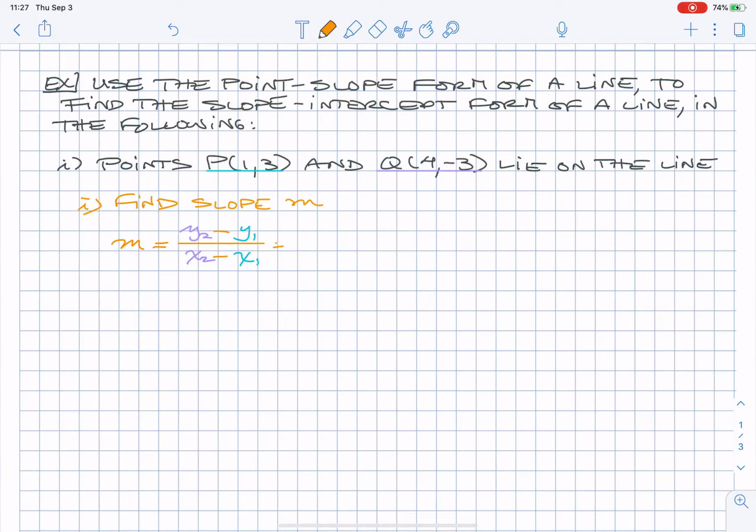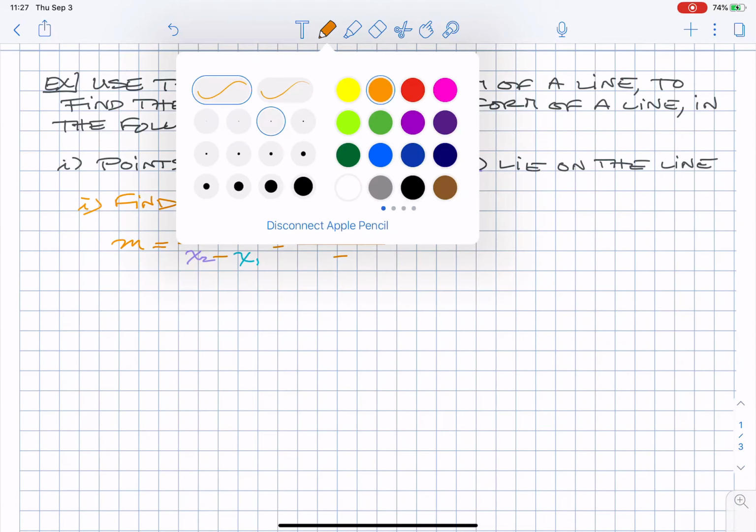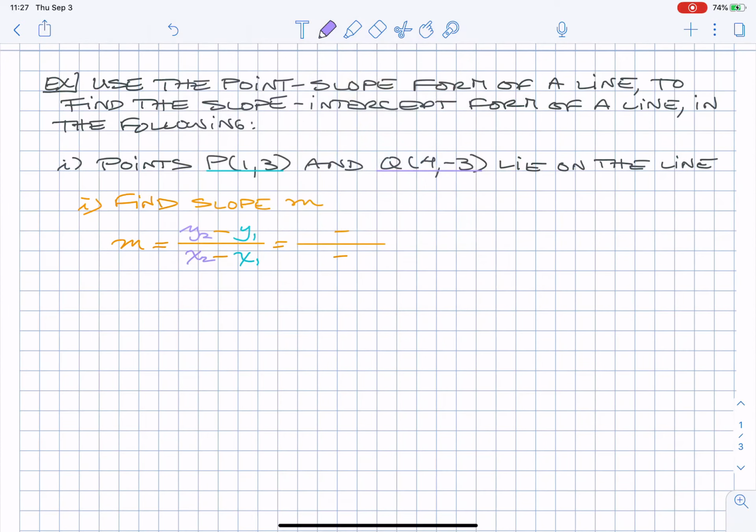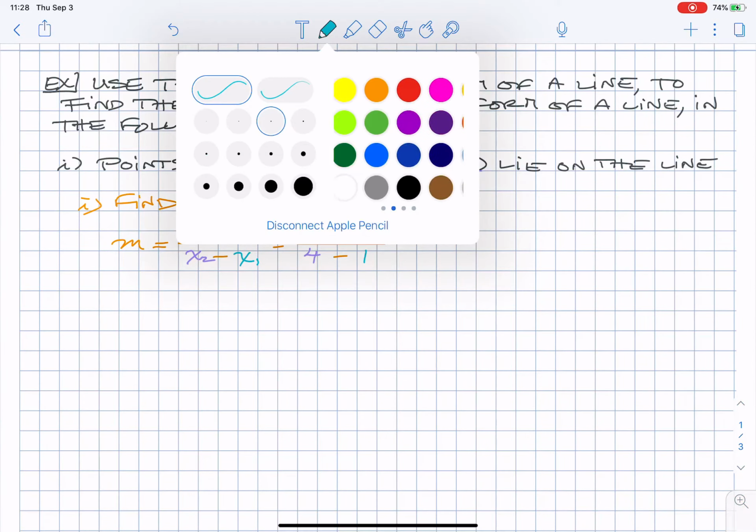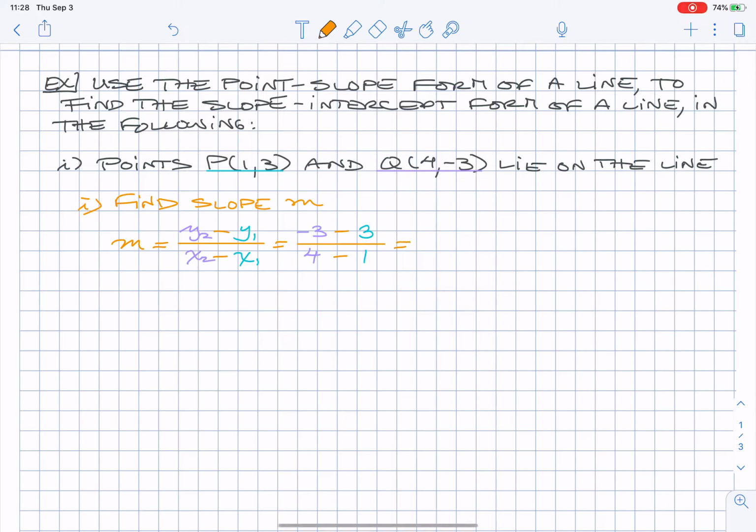So for us, y2 is -3, from which we're subtracting y1 is 3. x2 is 4, from which we're subtracting x1 is 1. So what do we have here? We have -6 divided by 3. So I claim that the slope is -2.